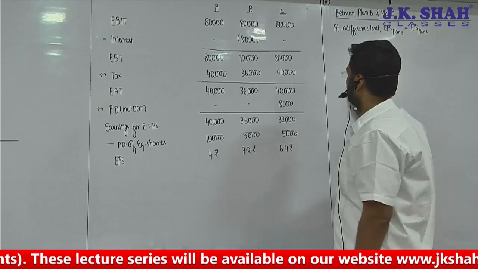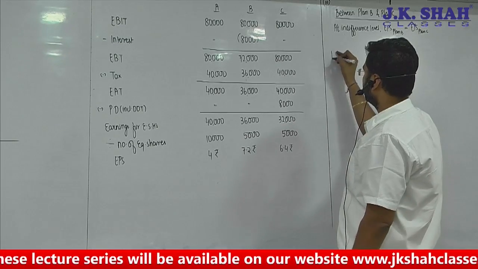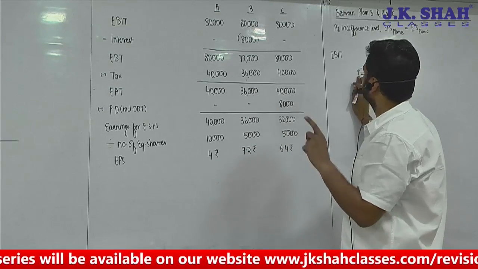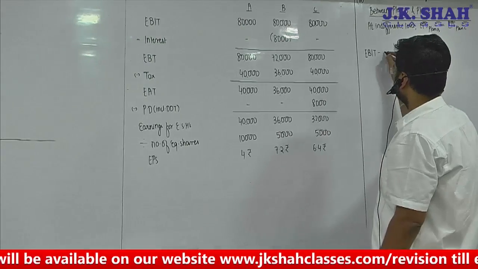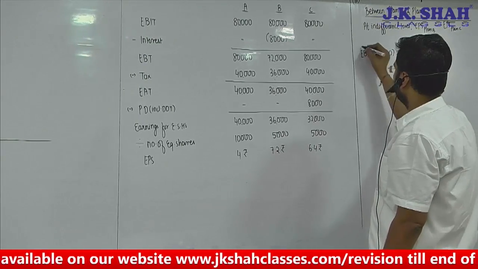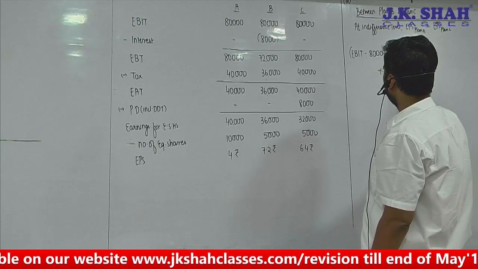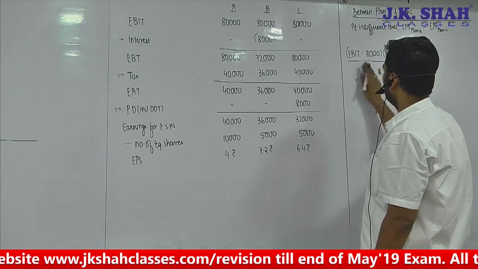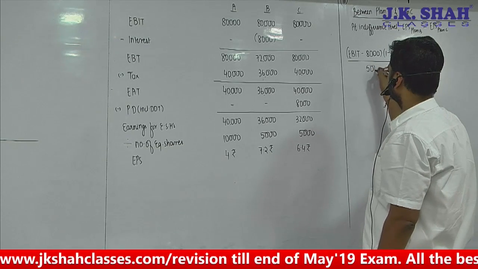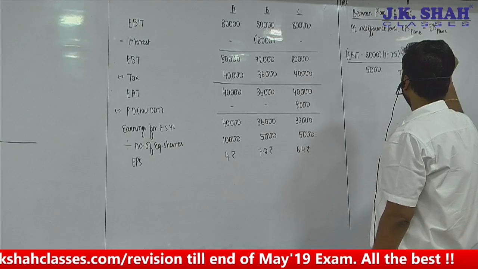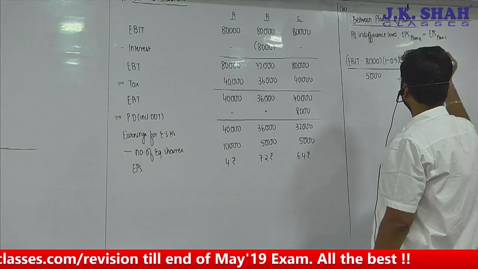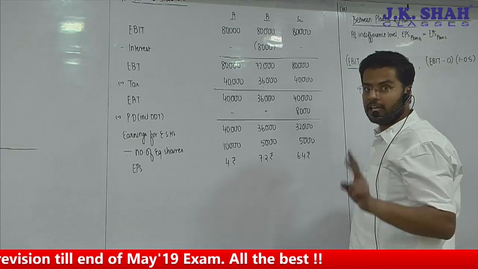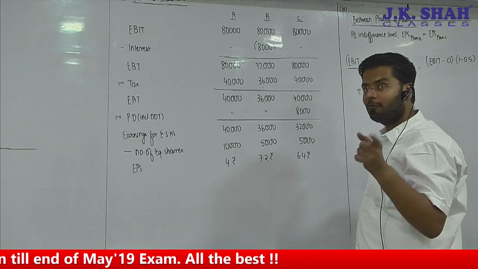So when I solve this, if I use that formula, I would say EBIT, and I can refer to the data in the table. The table shows in plan B we have interest of rupees 8,000 into 1 minus 0.5 minus 0. The whole is to be divided by the number of equity shares, 5,000, equals EBIT minus 0 into 1 minus 0.5, because in plan C we don't have any debt, but we have preference dividend.